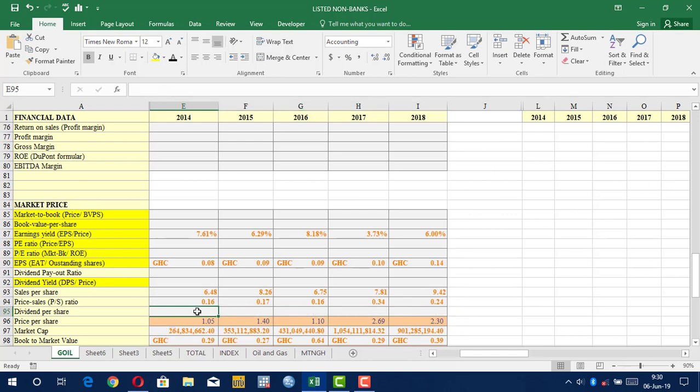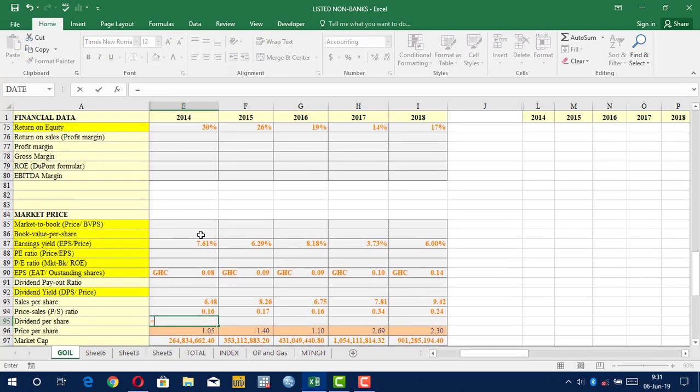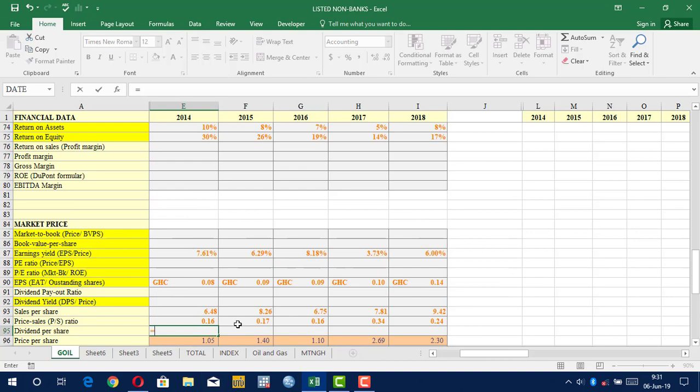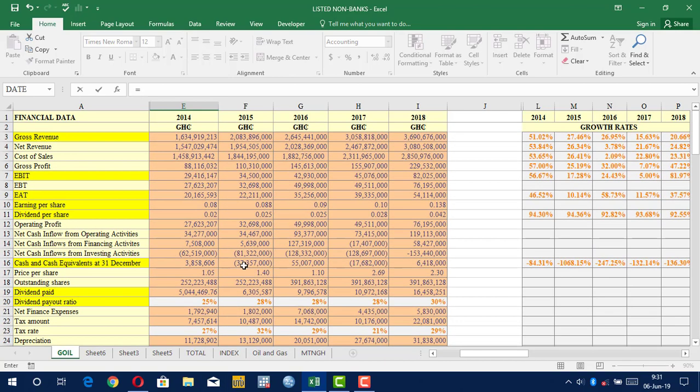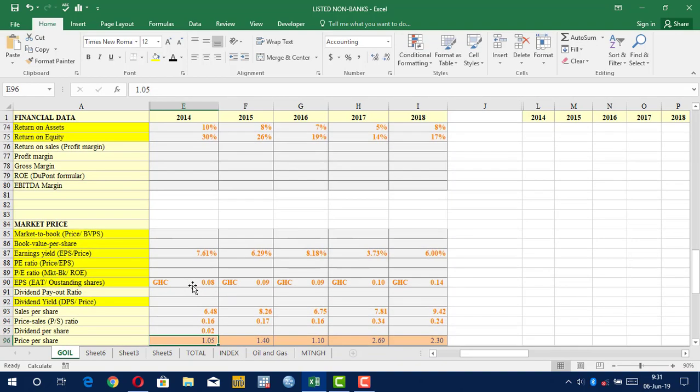So we have dividend per share, and dividend per share is simply the total amount of dividend paid over the number of shares outstanding. So we go up. We have the dividend paid here, then we have the total number of outstanding shares.